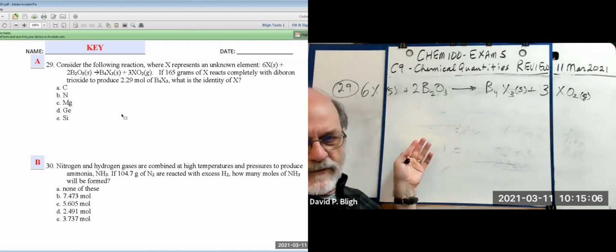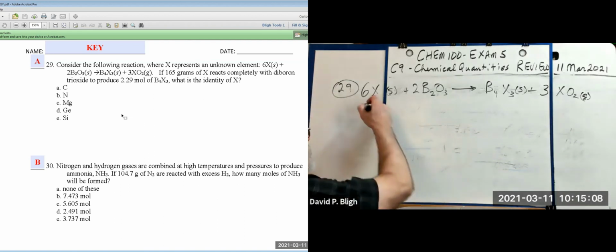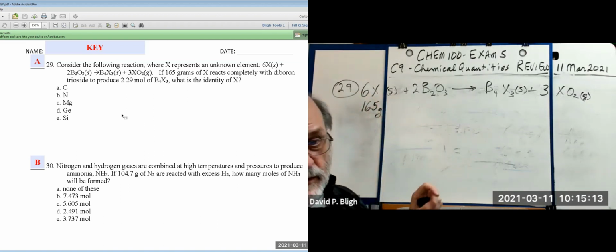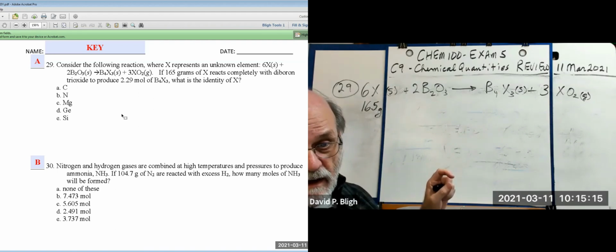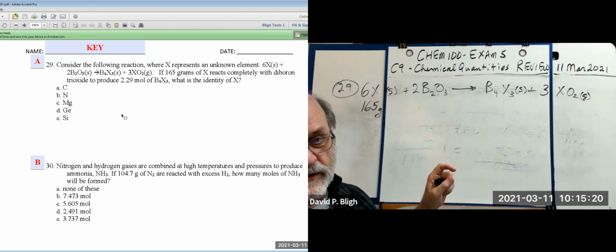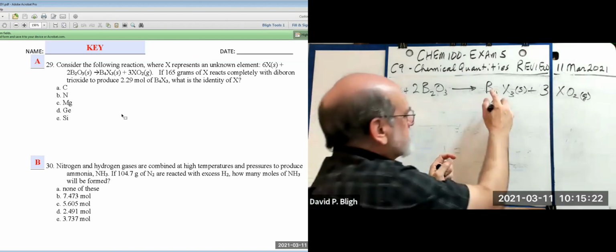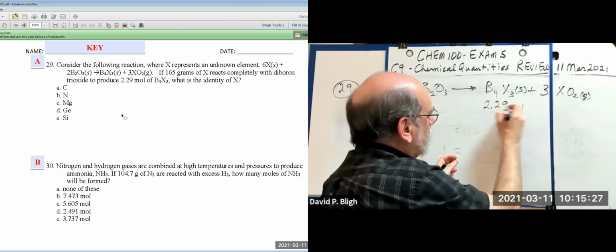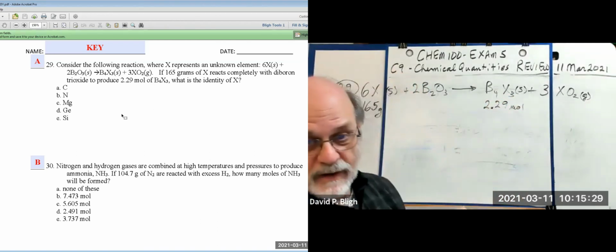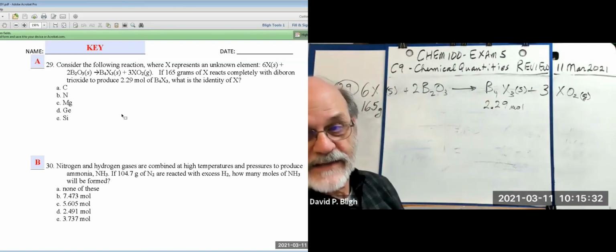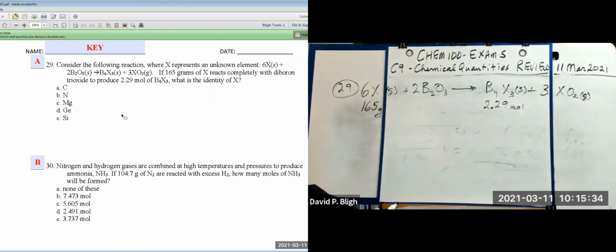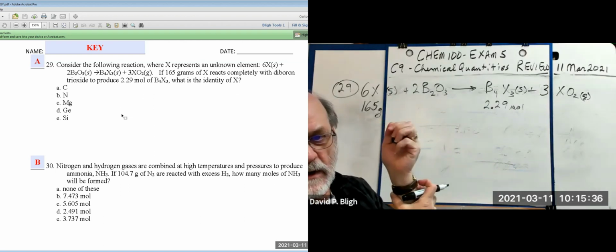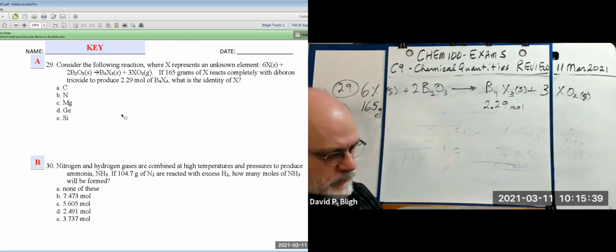So 165 grams of X reacts with diboron trioxide, okay, to produce 2.29 moles of this compound. 2.29 moles of that compound. That's everything we're given. All right, so if we're going to determine what X is, what do we need to know?